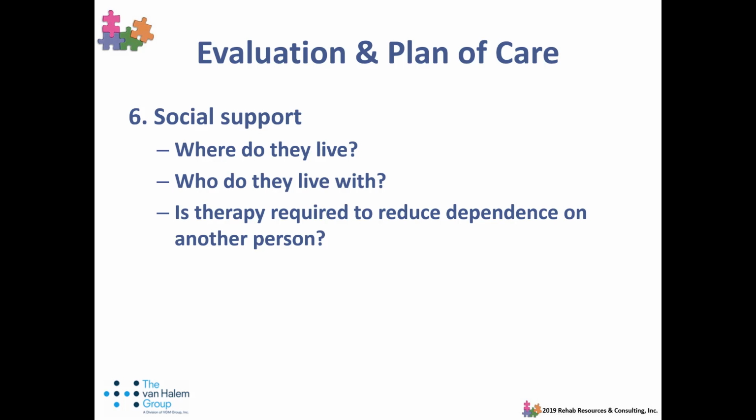Social support and environment is another piece of the puzzle. Does the patient live alone, with a caregiver, in a residential care facility? Do they require additional persons in the home in order to be safe? Does the home situation have obstacles that they have to overcome, such as stairs without handrails?